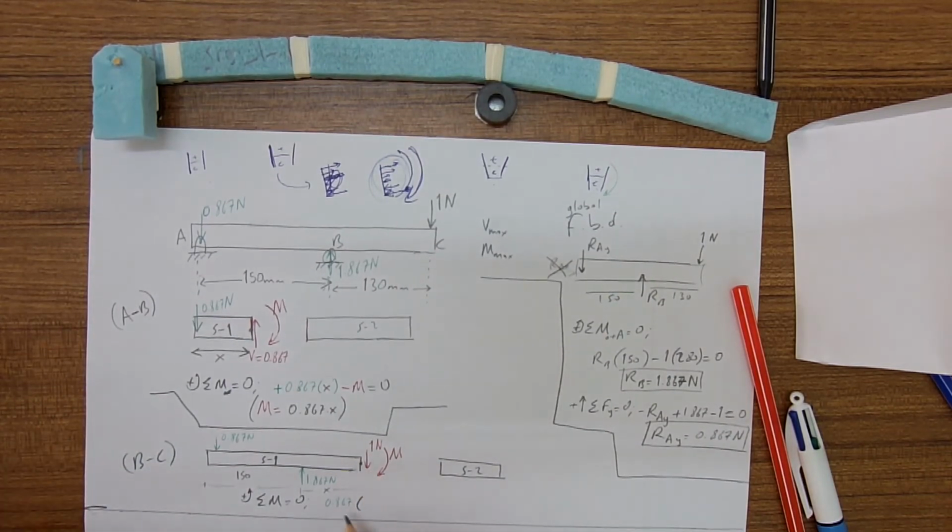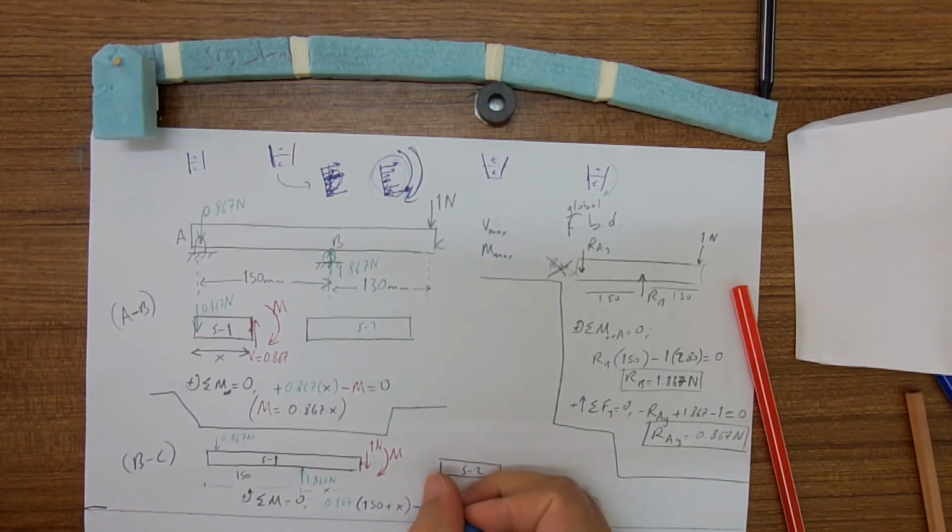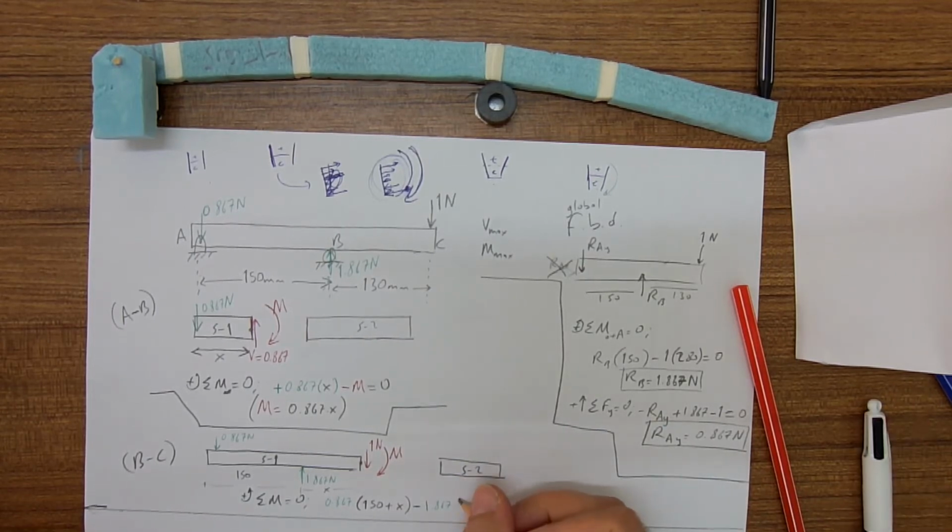This force is rotating about this point in positive direction, therefore positive 0.867 times 150 plus x. Coming to this, it is trying to rotate in negative direction, therefore negative 1.867. Force arm is x.